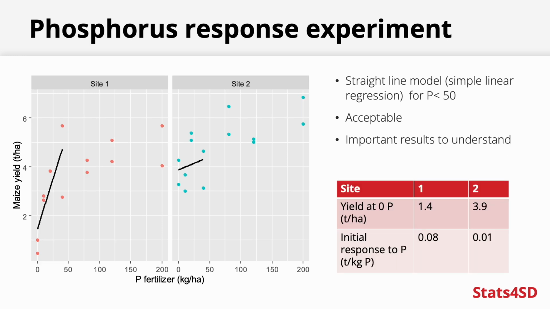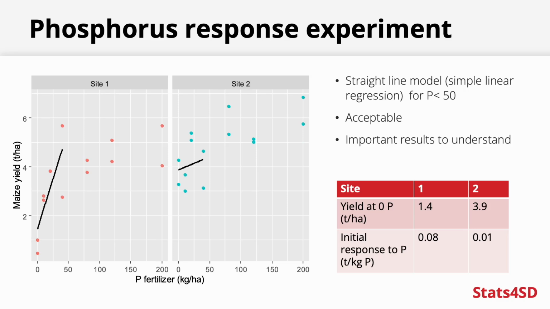However, that simple straight line model might still be useful. If we have questions about the initial response to low phosphorus inputs, then we can use the model only at the left-hand end of the graph, and it seems acceptable. Results of using the model quantify the striking differences between the sites.